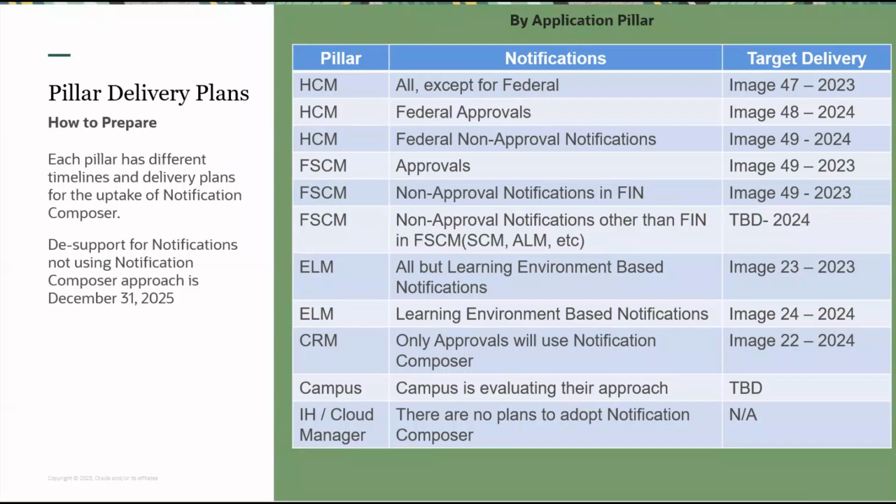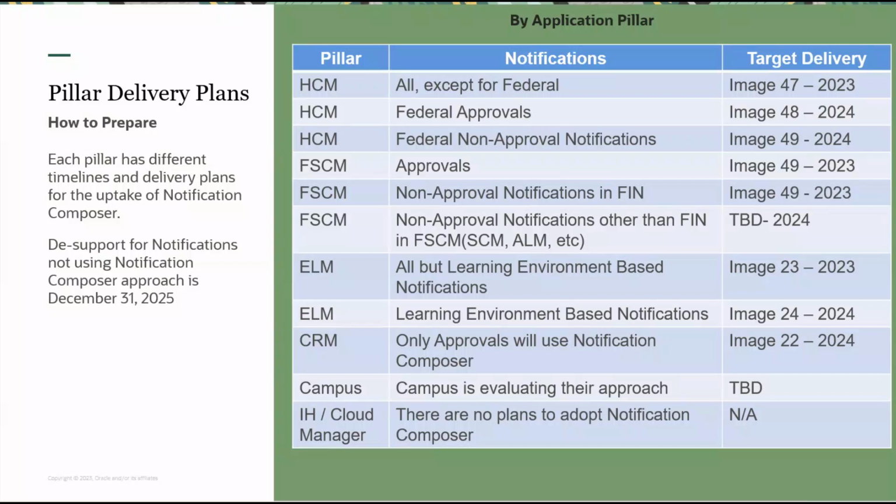And then in the following image, in 48, we delivered federal approvals, and in 49, we're delivering the non-approval related notifications for federal. So in image 49 it will be completely done, but for commercial customers, we were done in image 47, which is the majority of our customers.